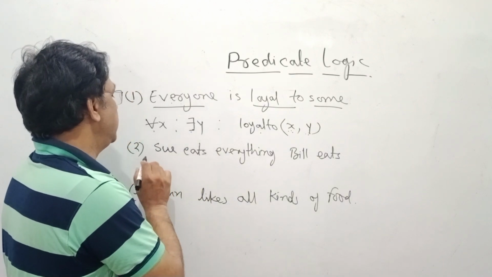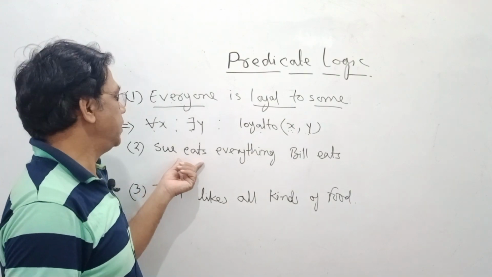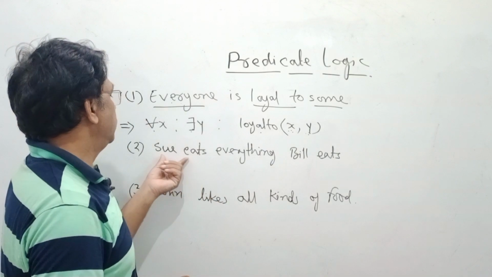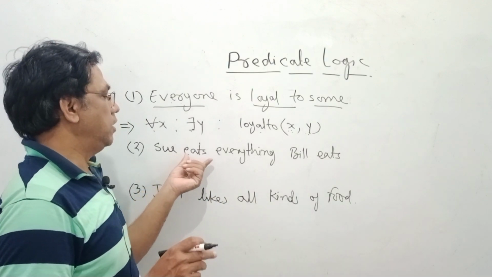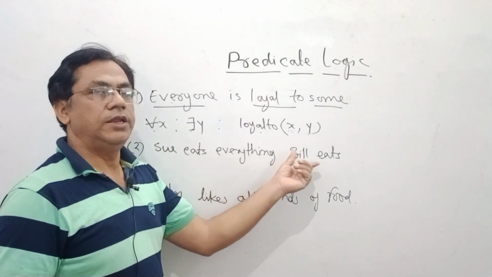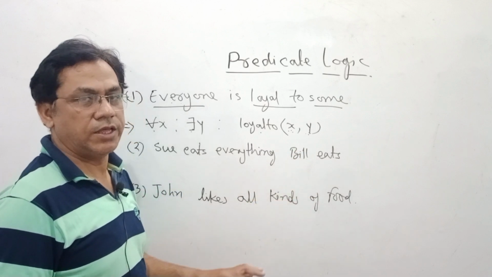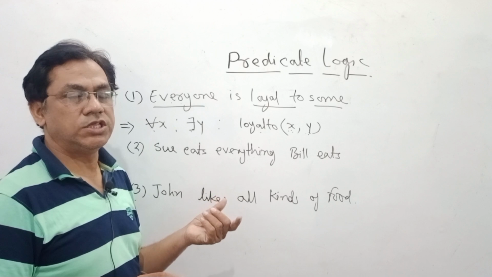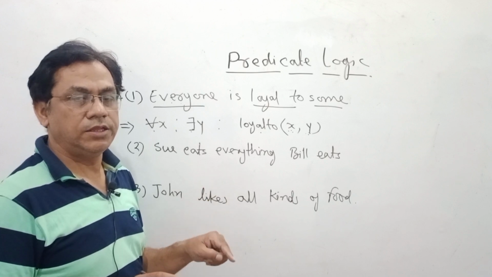In a similar way, now the second example: Sue eats everything Bill eats. That means if Bill eats everything, Sue eats everything too. That is the meaning here. So here we are taking two relations and combining them.